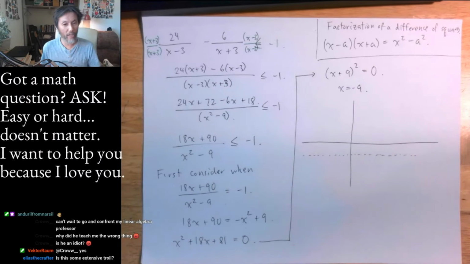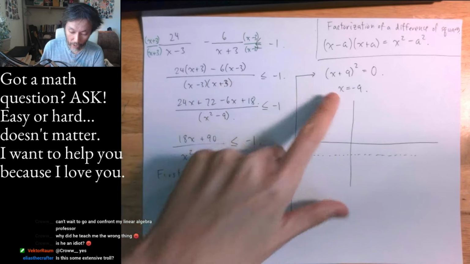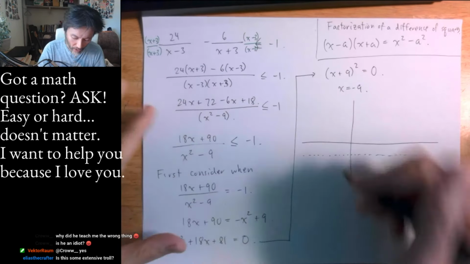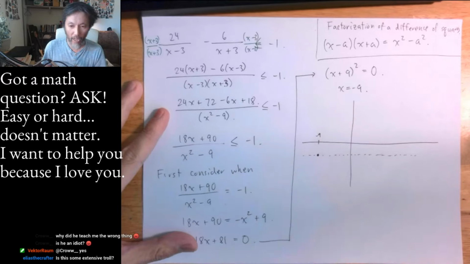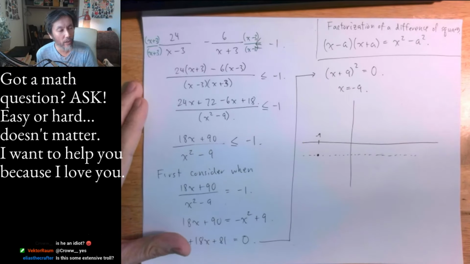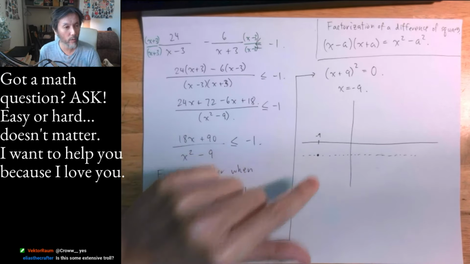Now, I don't know exactly what the graph of this thing here looks like. But what we know for sure is that at x equal to -9, this is the only spot where the graph intersects this dotted line.